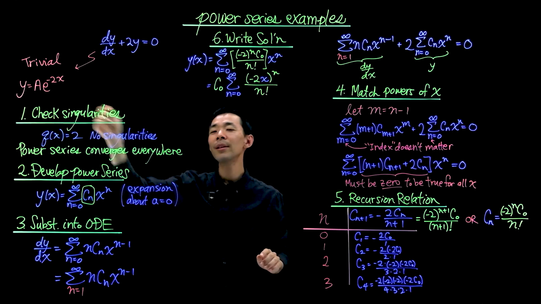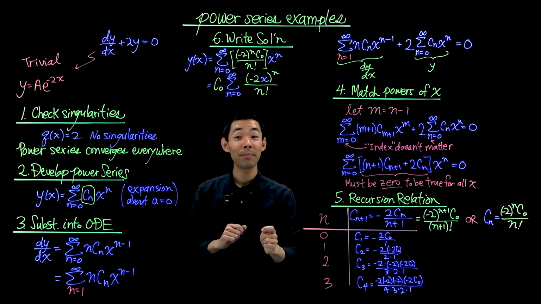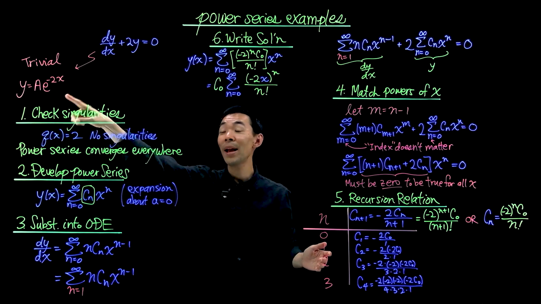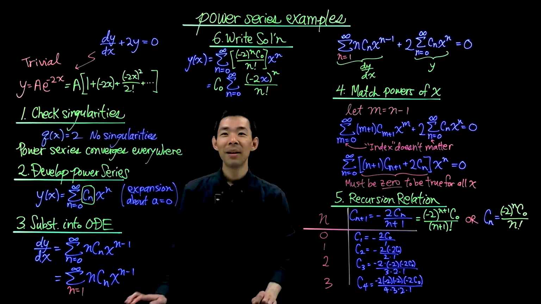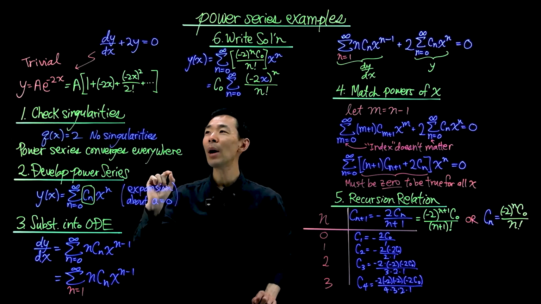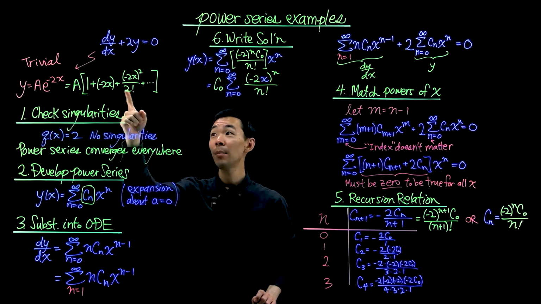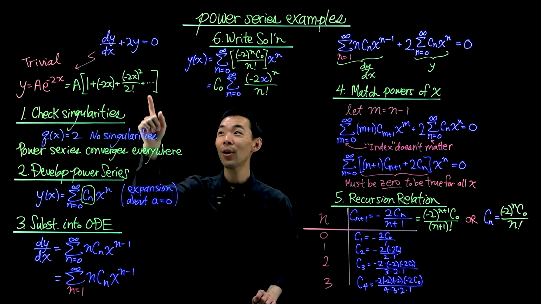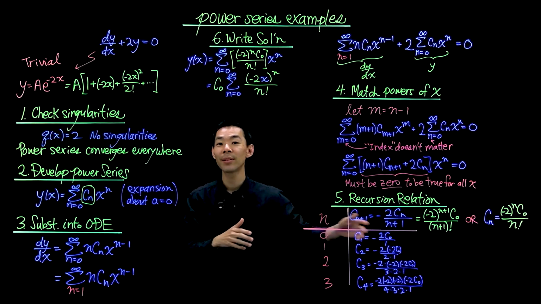So, this exponential solution can be expanded by a Taylor series, right? Let's write down the expansion of an exponential about the origin. So here's the Taylor expansion of e to the negative 2x: 1 plus negative 2x plus negative 2x squared divided by 2 factorial plus negative 2x cubed divided by 3 factorial, and so on.